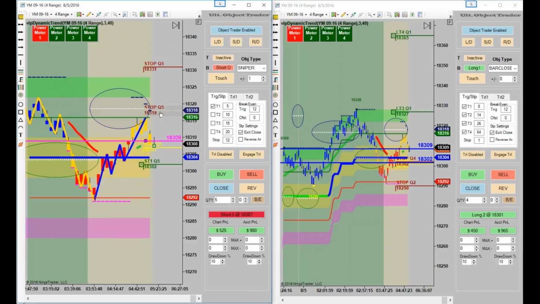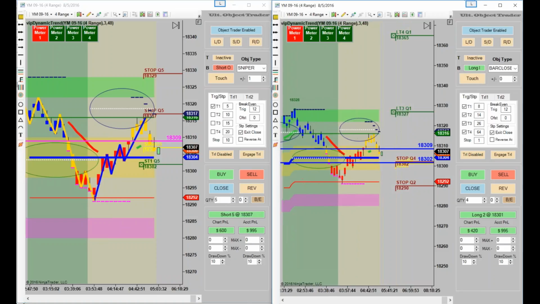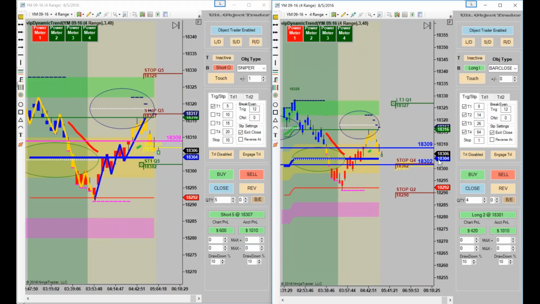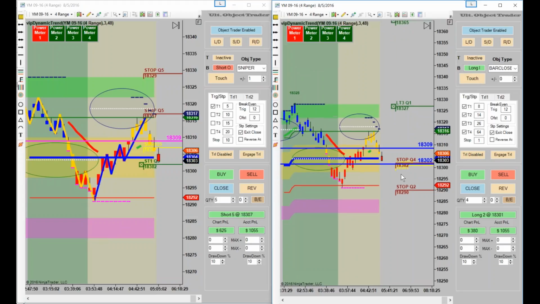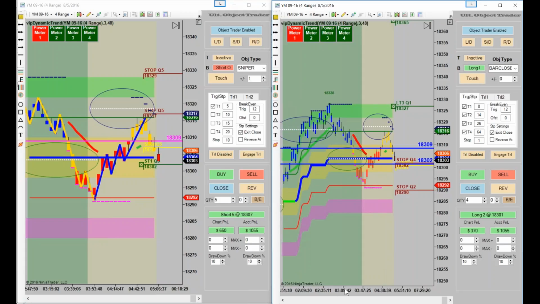Stop's got to be above the swing. Like that. And it looks like this side may even stop us out because if we get our target here, we're going to get stopped out on our runner. And we've got two left on, so obviously it's going to cost us that little bit right there on two contracts.